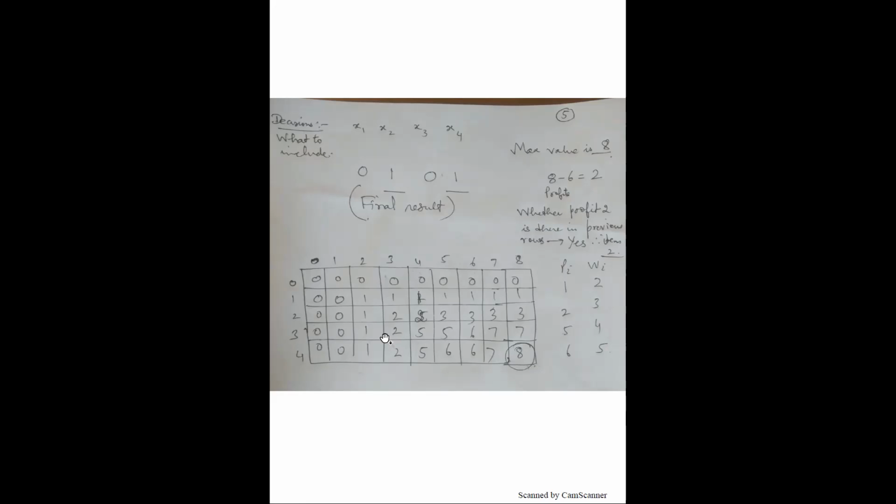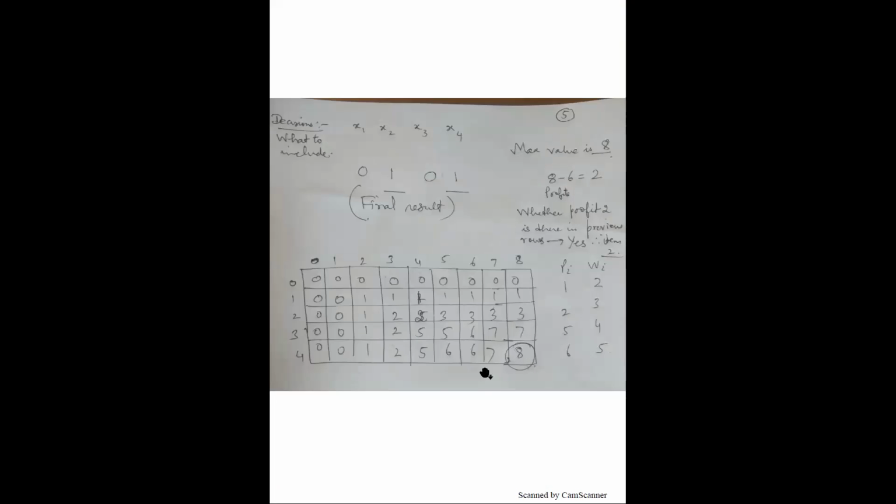To verify that, let's look at the row previous to 3. Whether 2 is there? Yes, 2 is there in row 2. So that means this 2 is there for item 2 also. Whether 2 is there for item 1? No. So that means we select item 2.